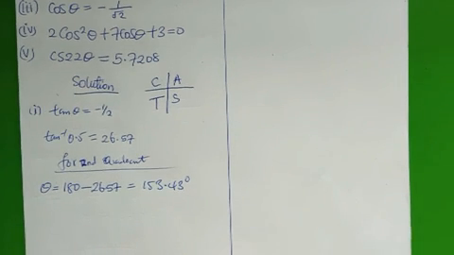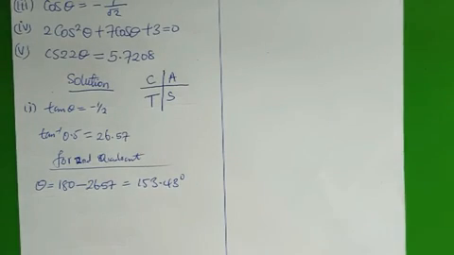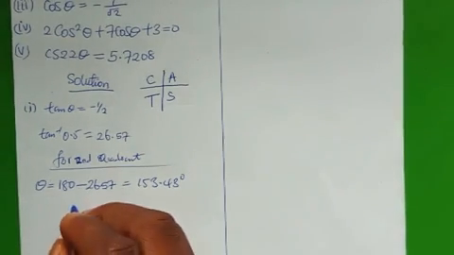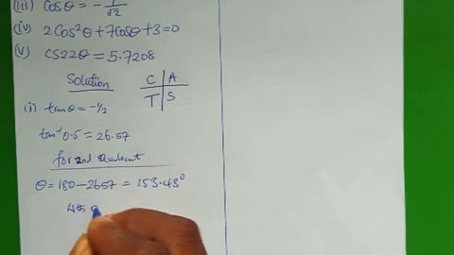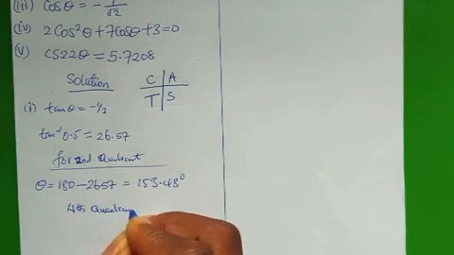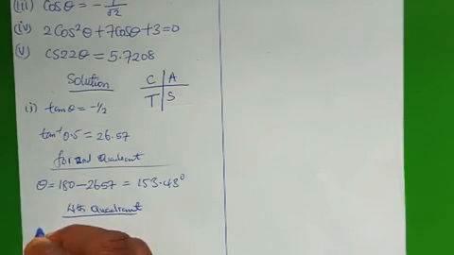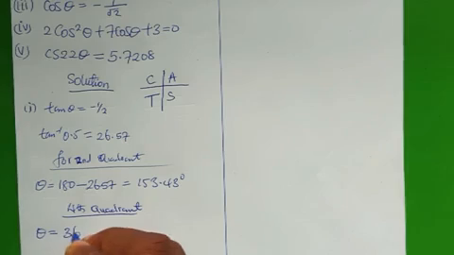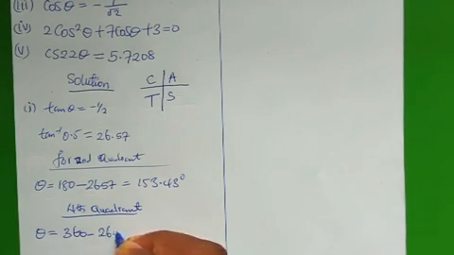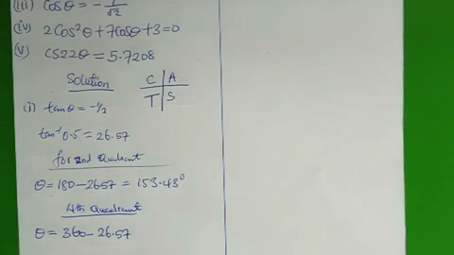Then another value of theta will lie on the fourth quadrant. So in this fourth quadrant, theta is equal to 360 minus 26.57. Remember, the question says you should obtain the values of theta between 0 degrees and 360 degrees.